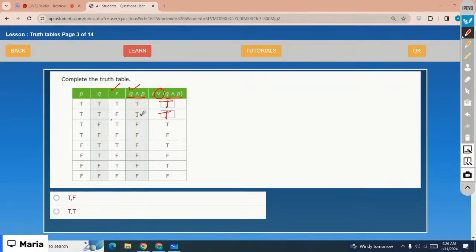False, true, that is true because one of them is true, right? So the correct option is true and true. The second one is the correct option. Got it?